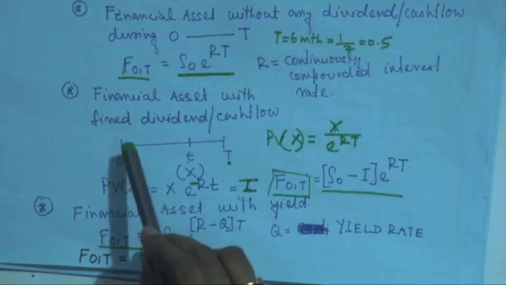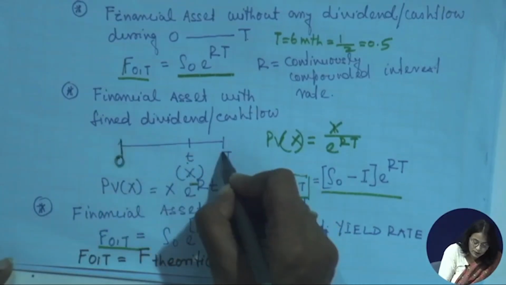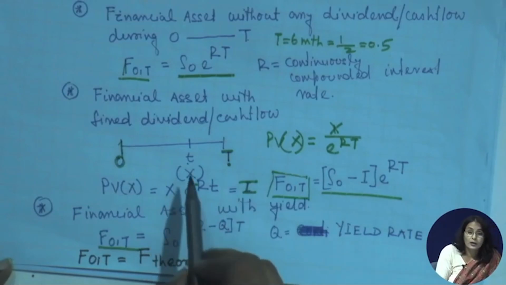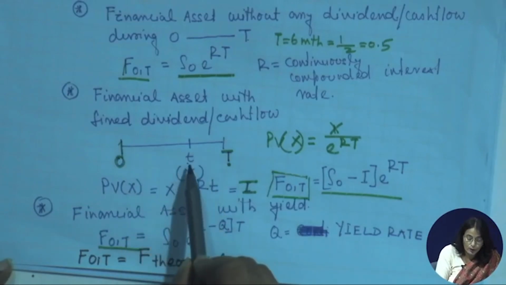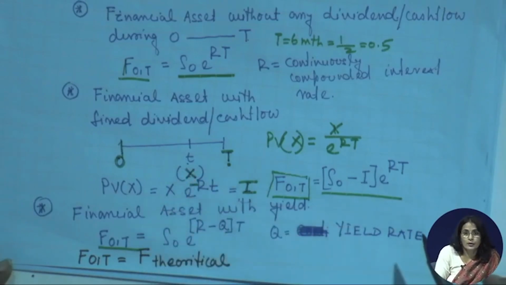Let's see, this is the spot date today, and this is the maturity. Maturity date is T, and during the life of the contract, at small t, the holder of the equity share is going to get X rupees as dividend.